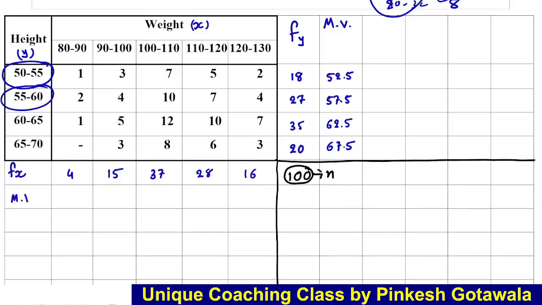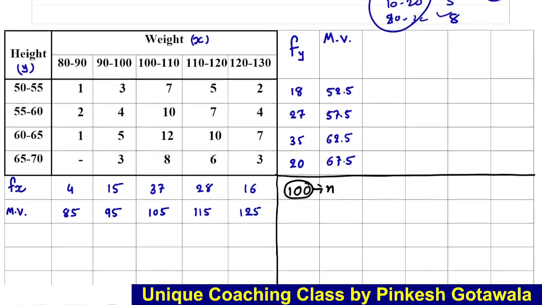Here also we are going to find out mid value. This is 80 to 90, so it would be 85. Then 90 to 100, 95, 105, 115 and 125. Okay, so our second column is also completed, right?